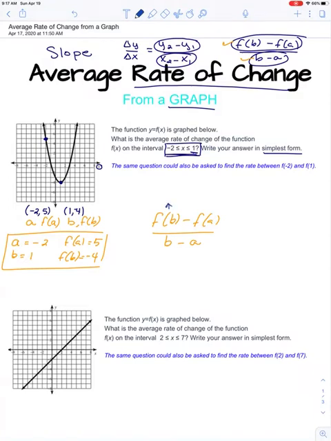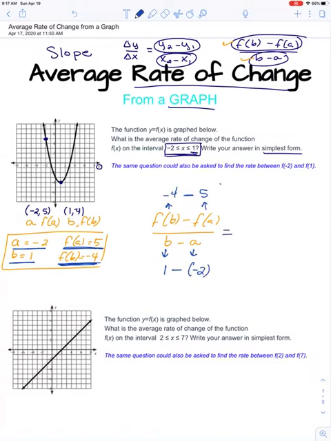So f of b. What does f of b equal? -4. Subtract f of a. f of a is 5. Okay, let's go down to the denominator. b is 1 minus a. a is -2.